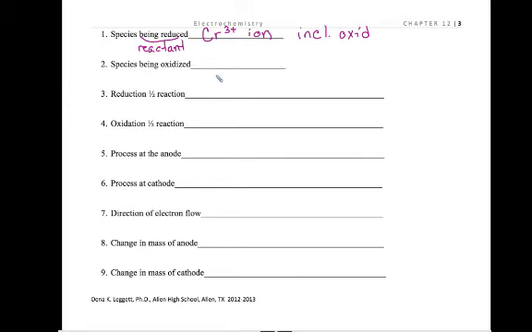Okay? The species being oxidized was the lead. Be specific. Say lead solid or lead zero, the lead atom. Somehow be very, very clear what you're doing. And again, it has to be a reactant. Something is happening to it. Our reduction half reaction was chromium 3+ plus 3 electrons yielded chromium solid.